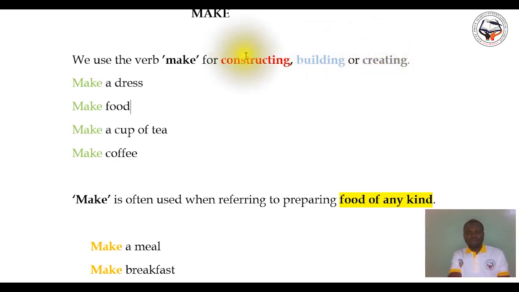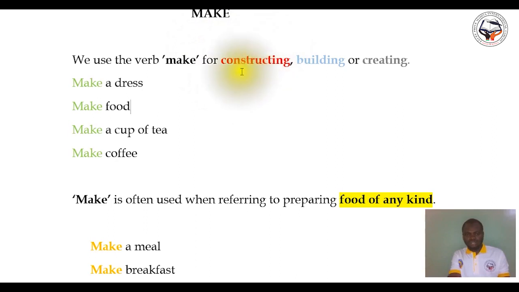That is to say, when I construct or I build or I create, all these mean the same thing. So we use the verb make for constructing, building or creating. Okay, so if you remember well, when we were saying do, I told you that do is used when someone performs an activity, an action or a task. So at the level of make, it is not the same.